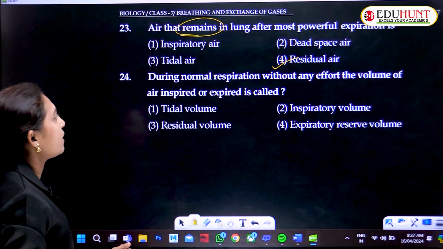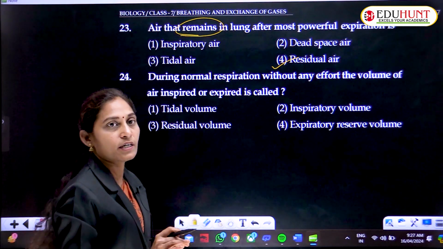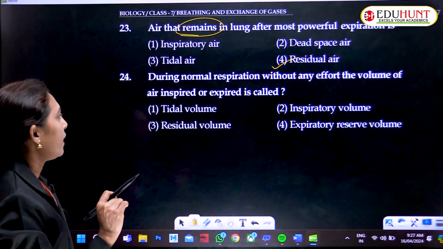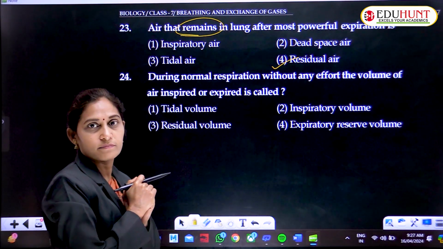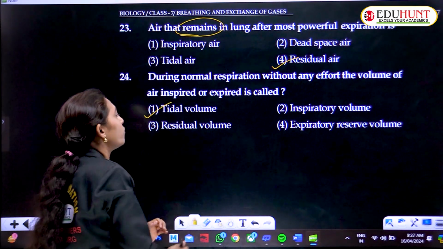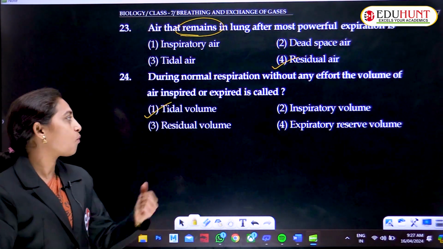During normal respiration without any effort, the volume of air inspired or expired is called the tidal volume.